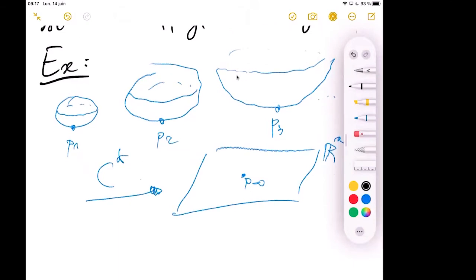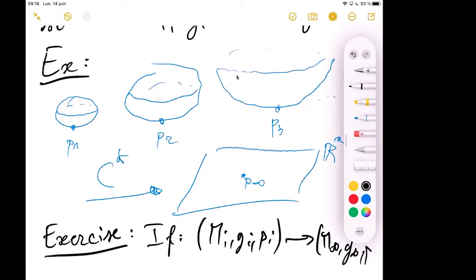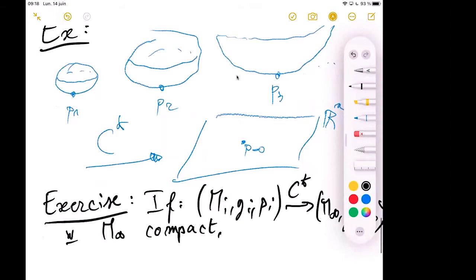Maybe some exercise. So if Mi, Gi, Pi converges in Ck with M infinity compact, then Mi is diffeomorphic to M infinity.